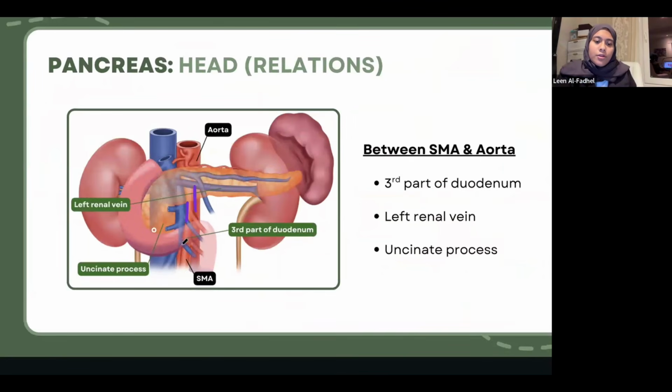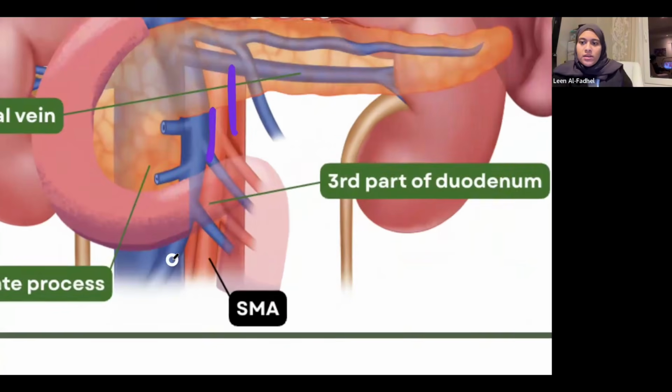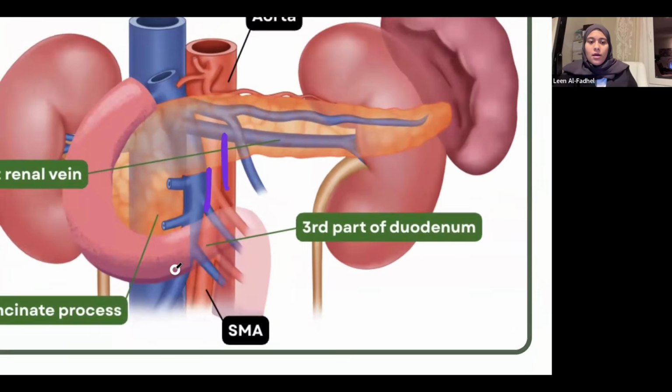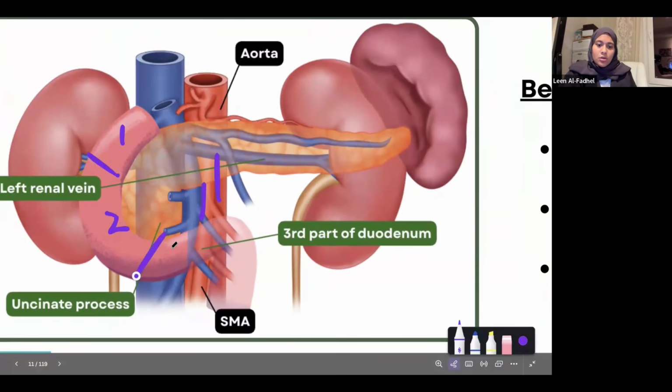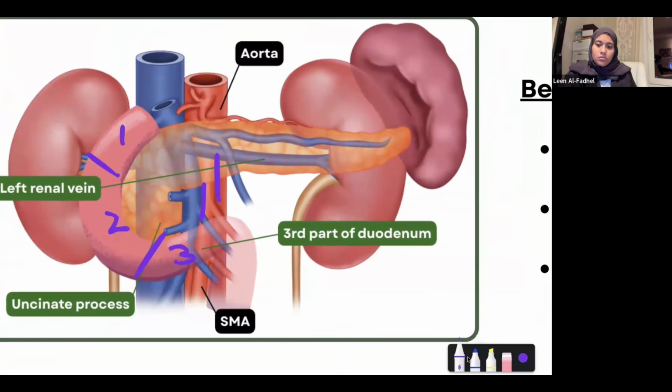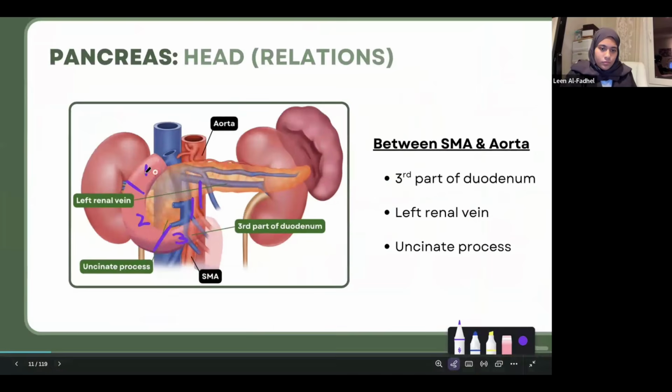What do you have? You have the third part of the duodenum. Now, we didn't get into duodenum yet, so I don't expect you to know what the first, second, third part mean. But just to orient yourself, just for now, here's the first part of the duodenum. Here is the second part of the duodenum, and here is the third part of the duodenum. Okay? Just to orient yourself.